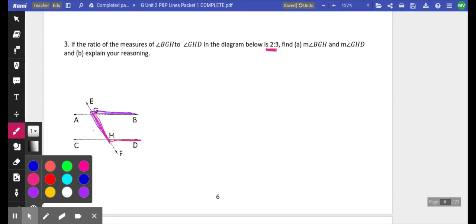Remember, whenever it's any ratio, I'm going to make BGH 2x and GHD 3x. Find the measure of each of those angles, explain your reasoning. So now that I've kind of outlined that for you, I want you to pause and try on your own.